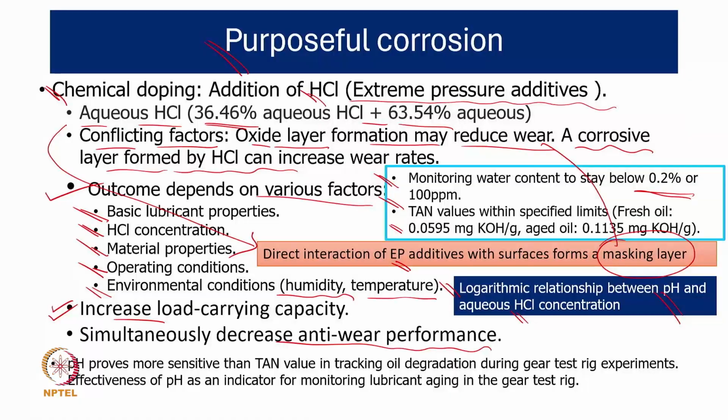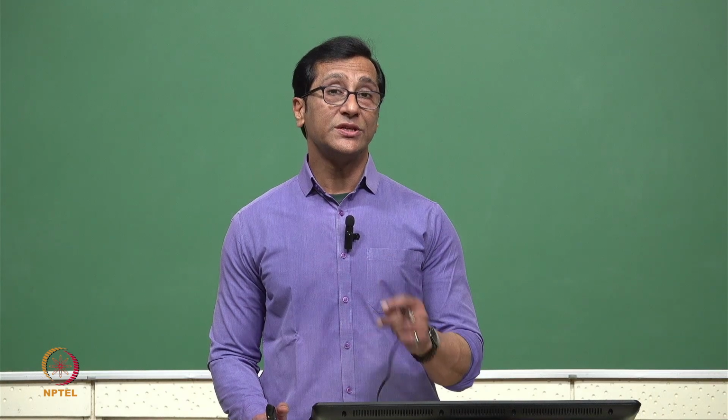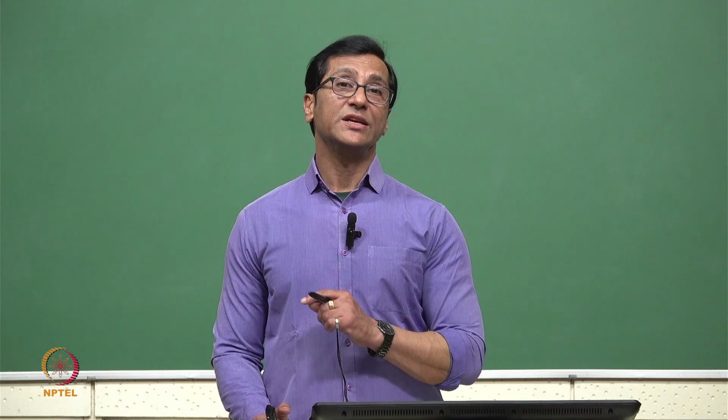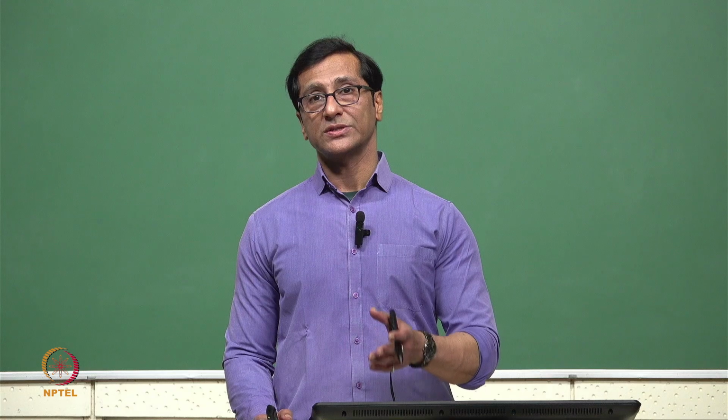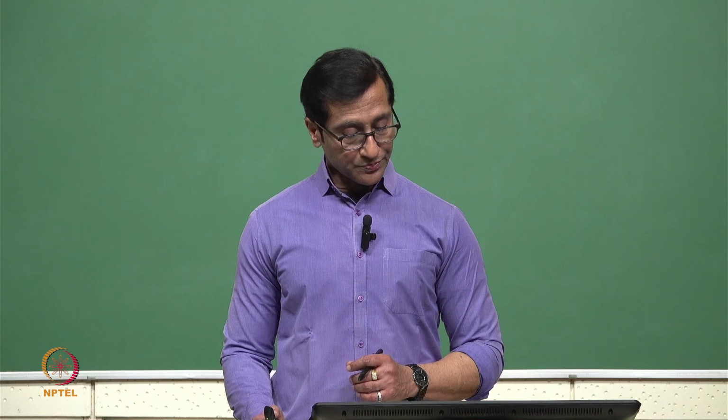And what we did in this case, we found that pH turns out to be more sensitive than the TAN value, and in future we should keep tracking our pH if we want to know what the lubricant properties will be, and if lubricant properties are changing, what the properties of the material will be. So this was done for the gear test setup. Now we have also made a pH sensor, and in future we'll be doing online testing with the pH sensor on a gear test rig.